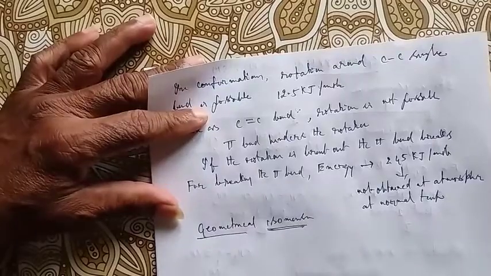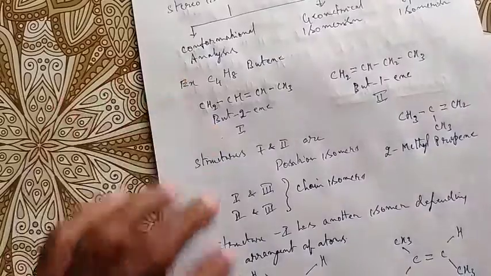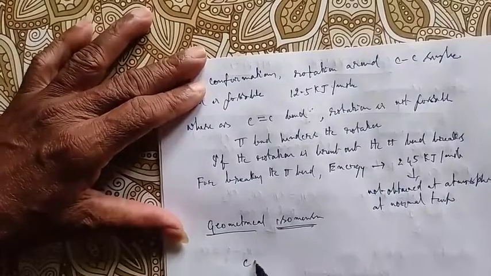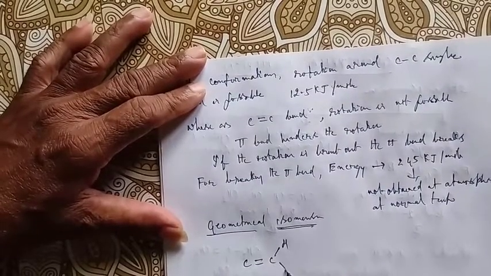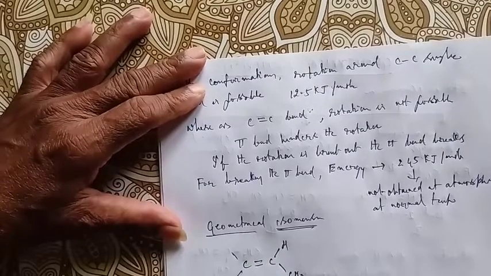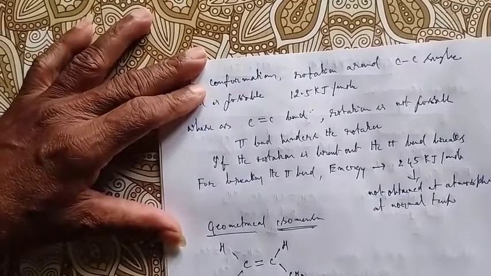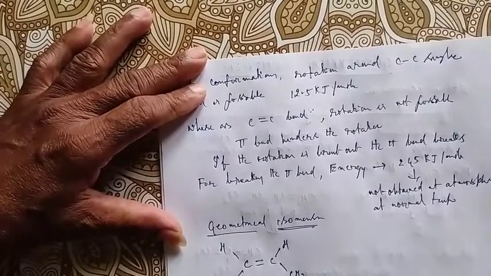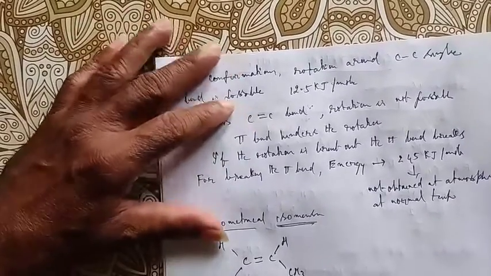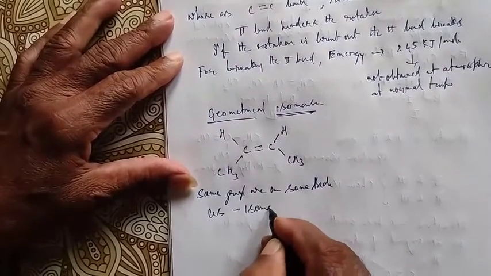So in this geometrical isomerism, let us take the previous example once again. This is C=C with hydrogen here, methyl group, hydrogen here, and a methyl group. So same groups are on the same side. Therefore this isomer is referred to as the cis isomer.